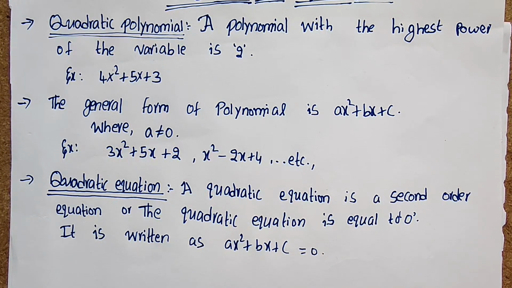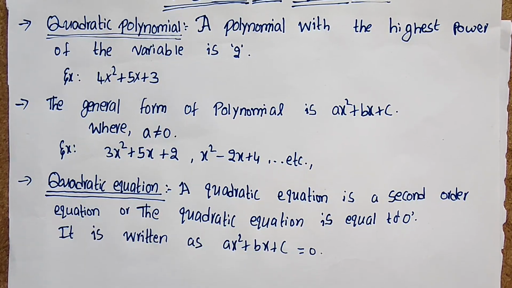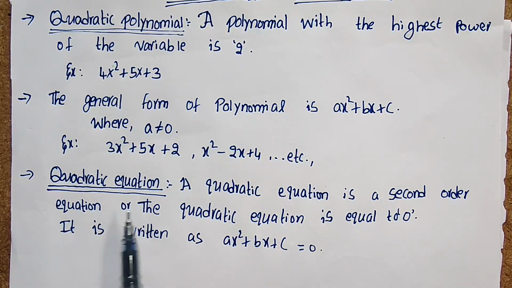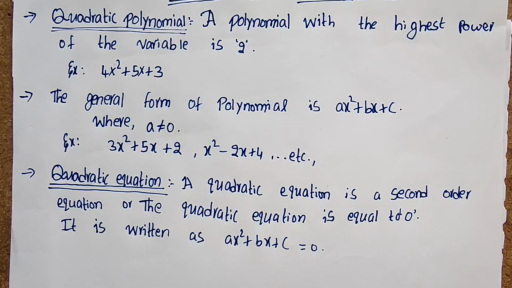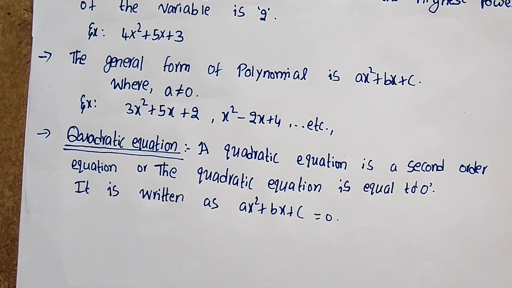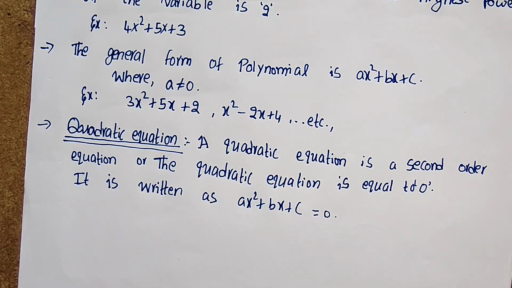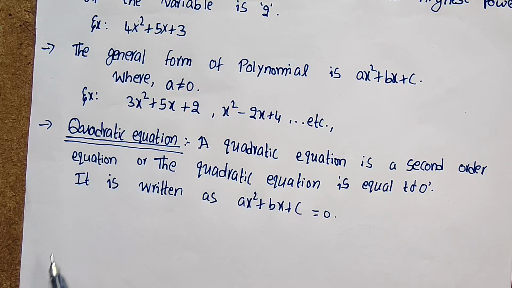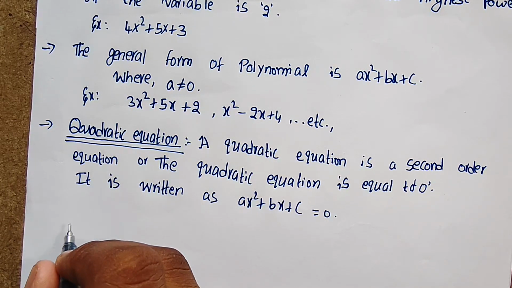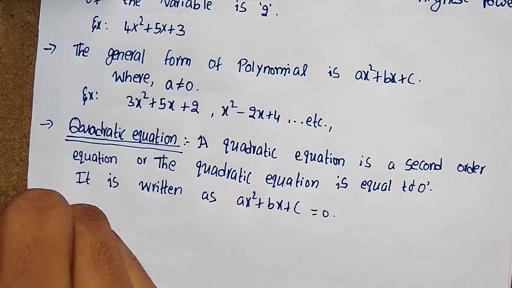Now, for finding the zeros or roots of a quadratic equation, we have the normal procedure that we know, finding factors or another method. I am writing here the quadratic formula.